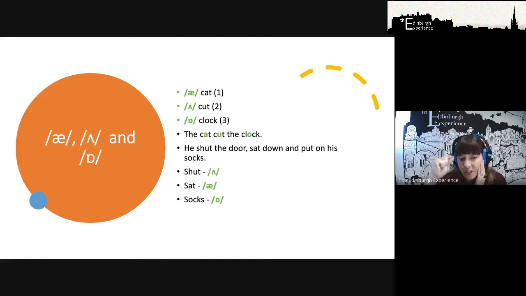Now, to change to the second sound, all we're going to do, I'm not changing my lips, all we're going to do is close our jaw here, okay? So the only thing that you should feel change with your hands is how open and closed your mouth is, okay? Does everyone feel that change? Yeah, okay. So like I say, your tongue hasn't changed, your lips haven't changed, just that space.